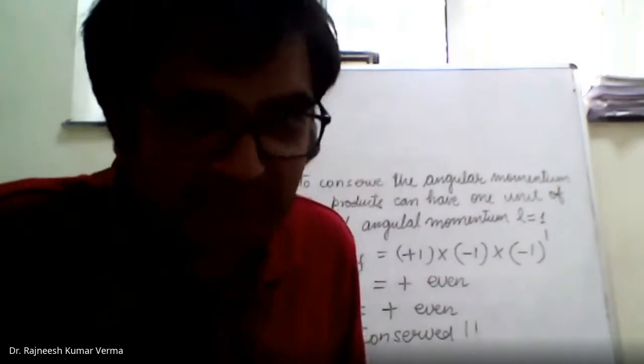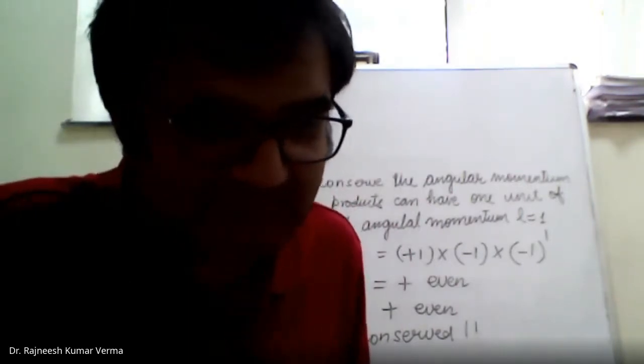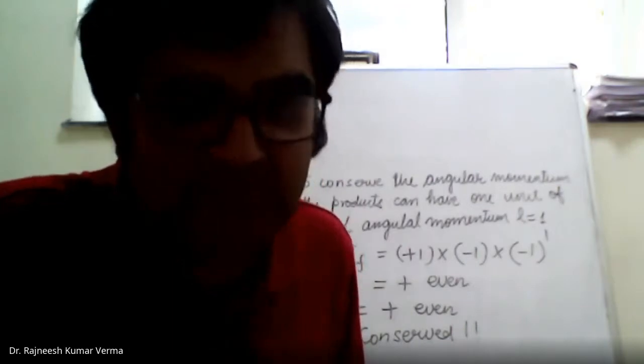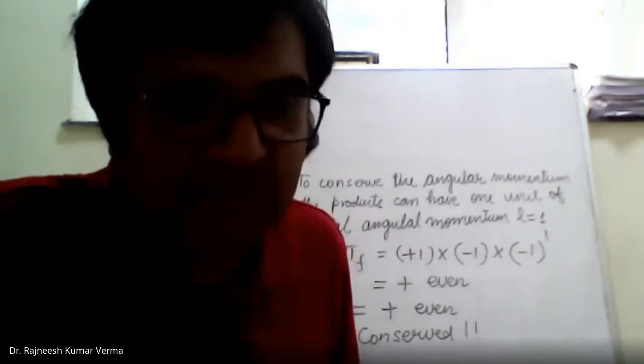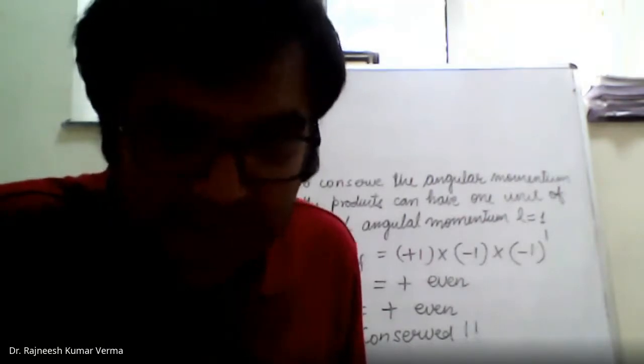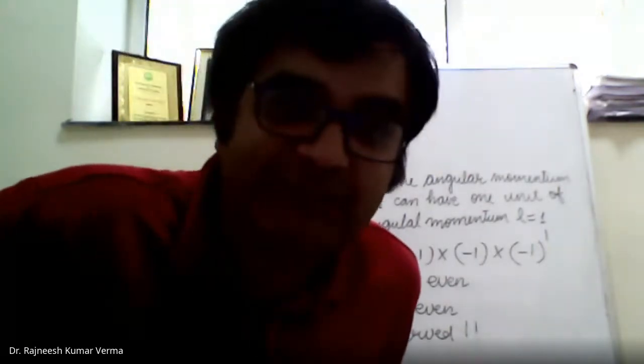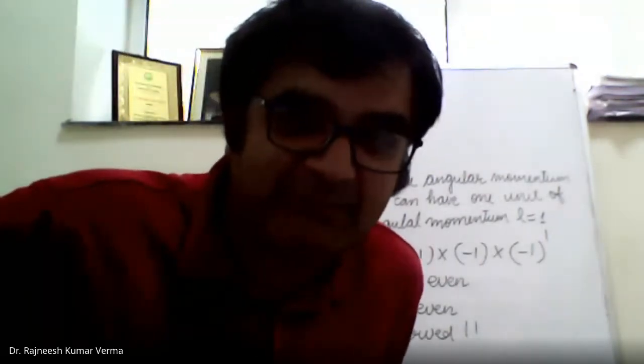So this was one way to understand, which we discussed in the previous class, how we can justify the value of L in order to conserve the parity. No, the orbital angular momentum is not intrinsic.